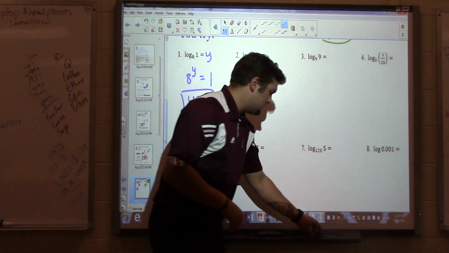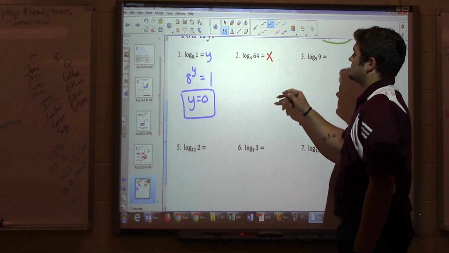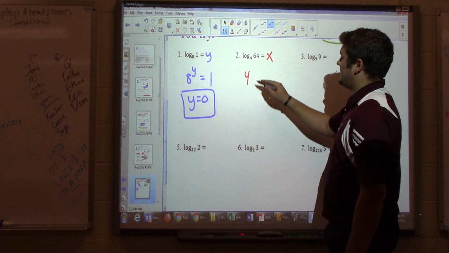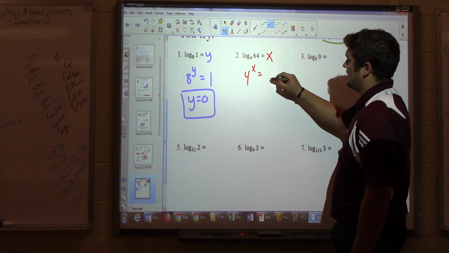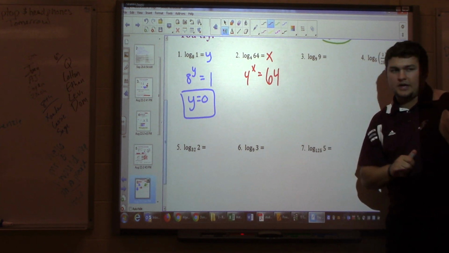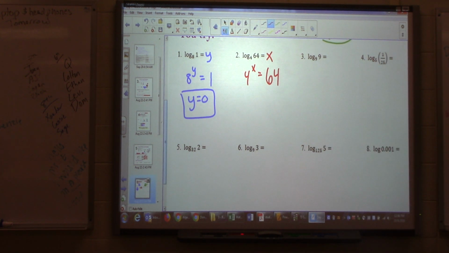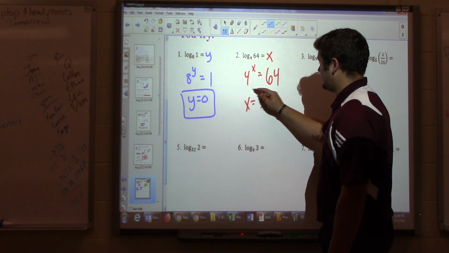The second one, log base 4 of 64. I'll let it equal x. The base of my log becomes the base of my exponent, what my log equals is my exponent, and what I'm taking the log of is what it should equal. So 4 to the x equals 64. 4 to what power equals 64? Third power. So x equals 3.